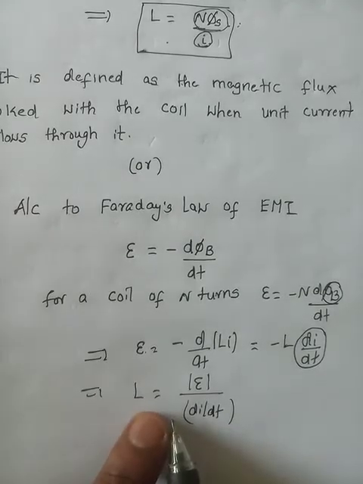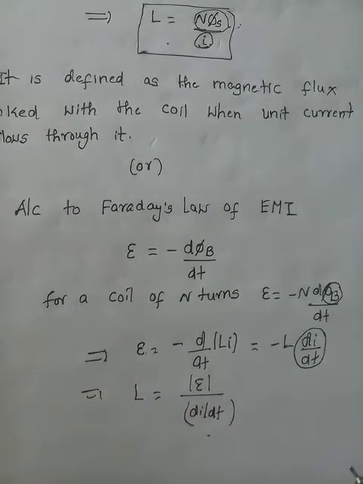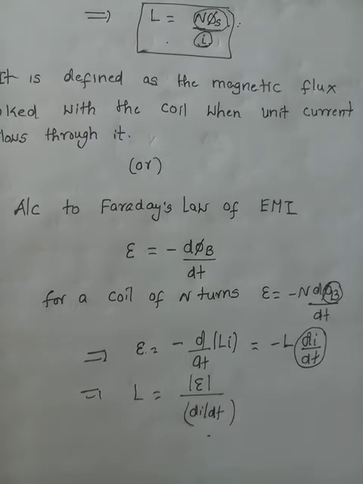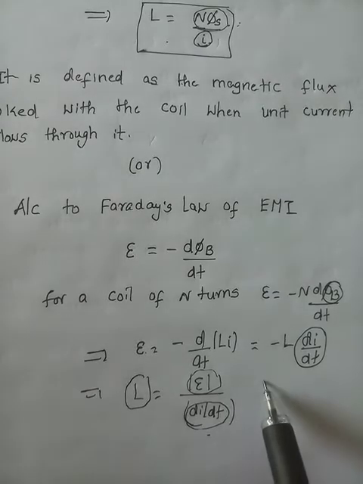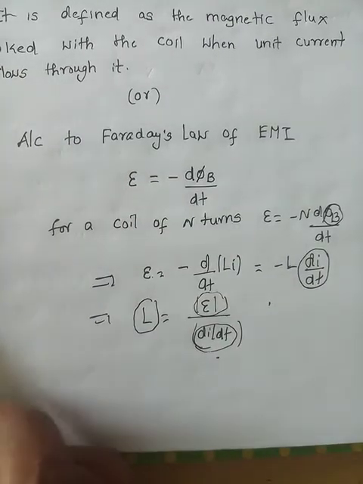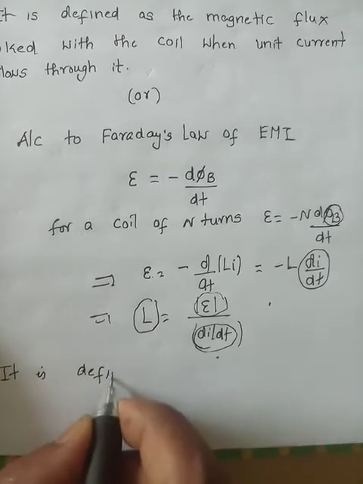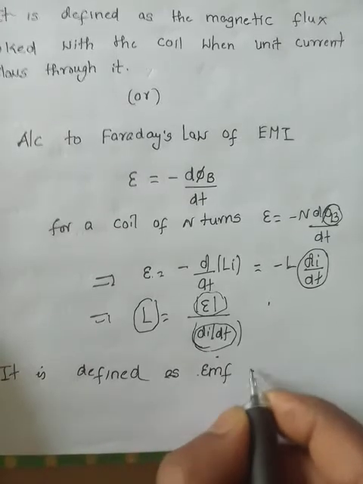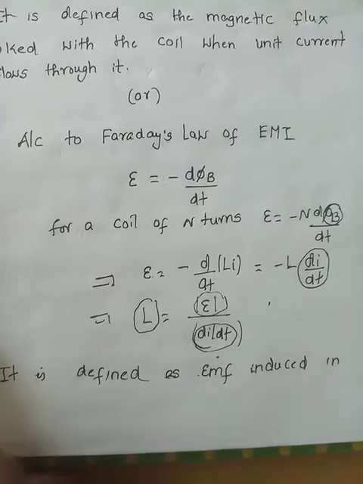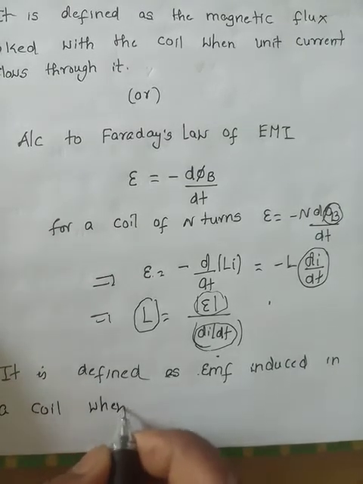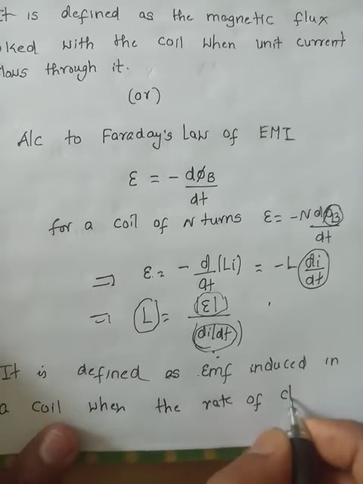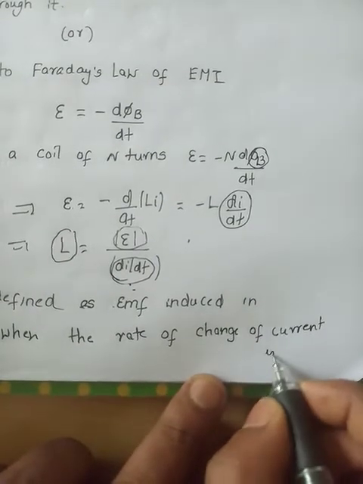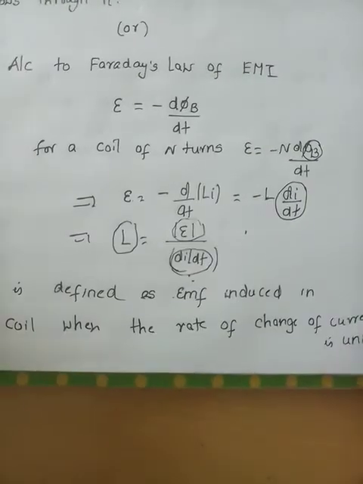It is defined as the induced EMF in a coil when the rate of change of current in the coil is unity, that is, di by dt equals 1 ampere per second.